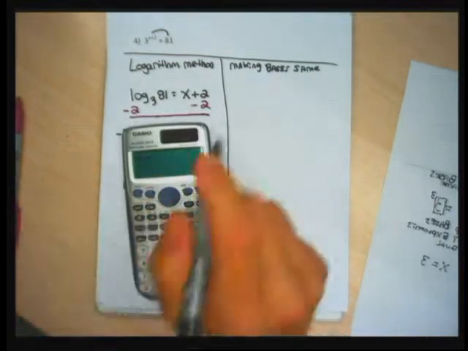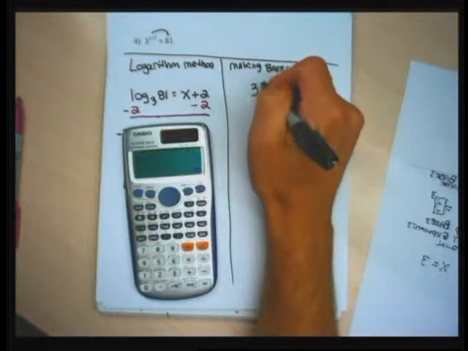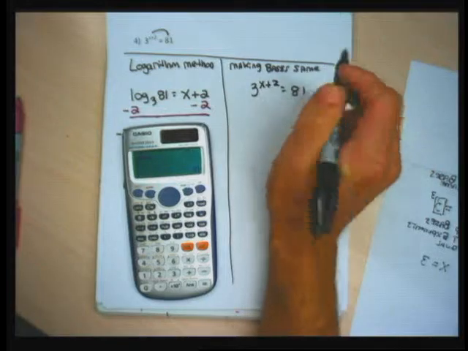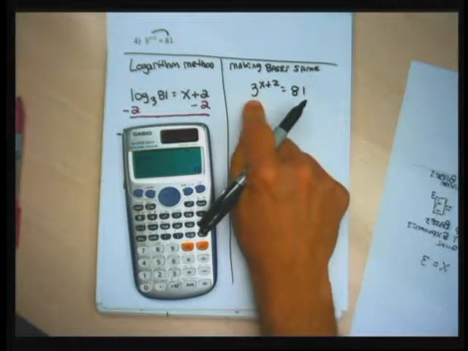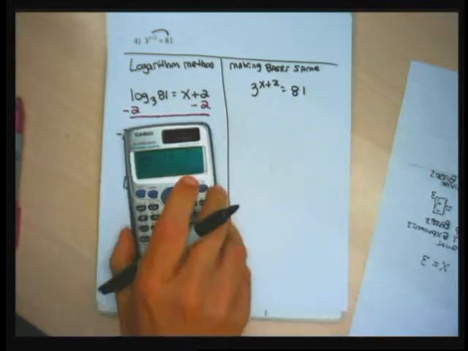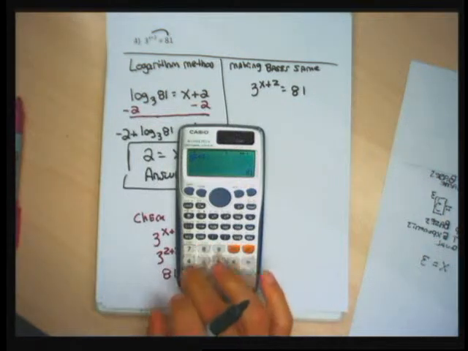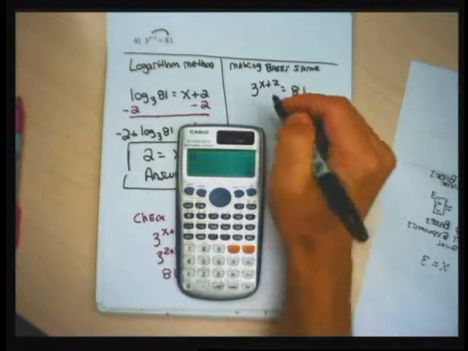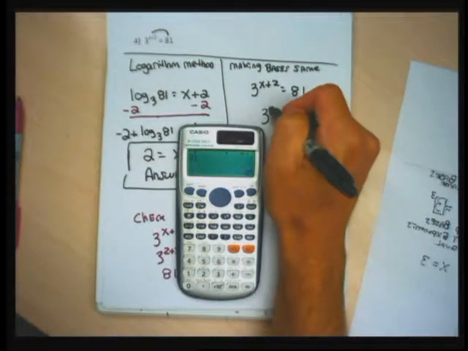So the making the bases the same strategy, again, this is not so hard because 81 is a power of 3. I'm not going to rewrite the 3 because it's a prime number. I am going to rewrite the 81. I'm going to go 81 equals shift factor. So 81 is 3 to the 4th.